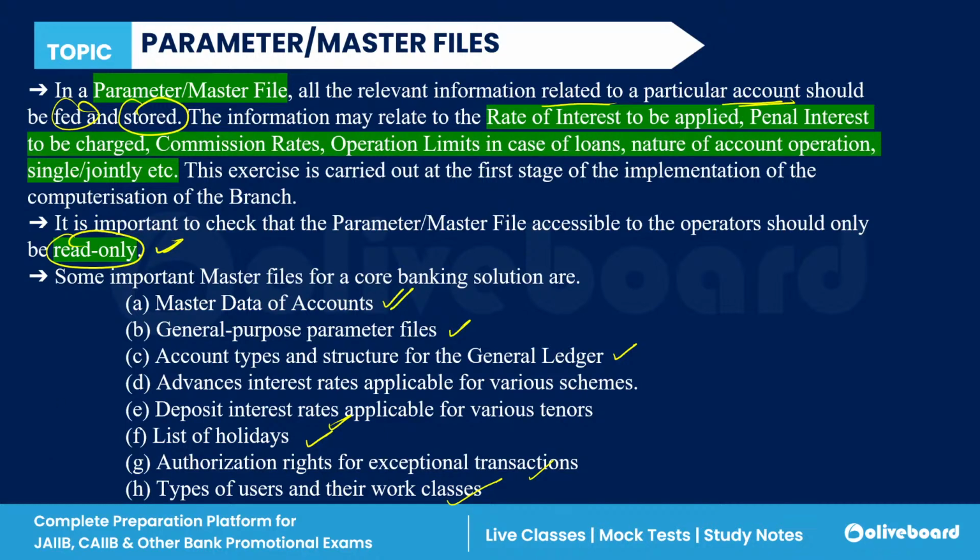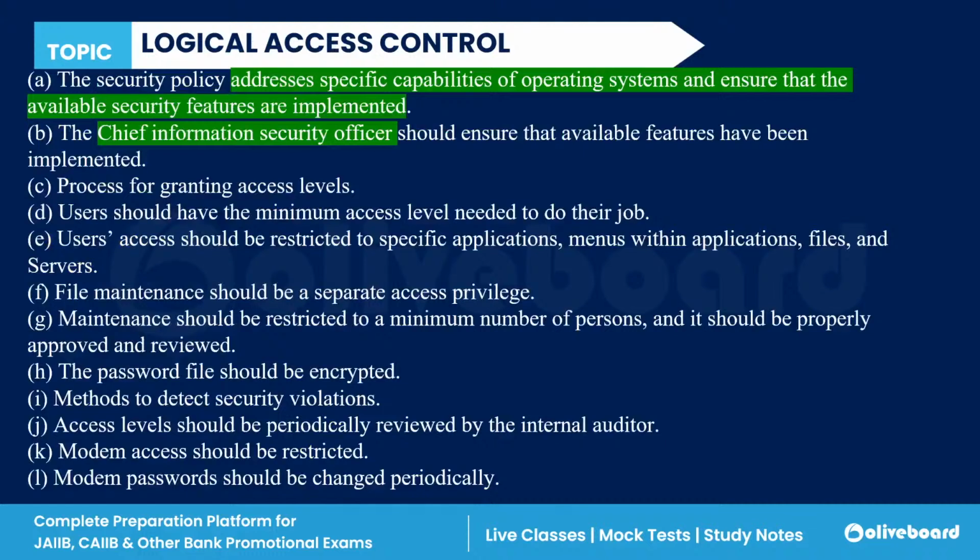Clear? Done? Now, obviously, there are some logical access controls for this. There are some instructions that you have to manage these parameters or files in a very logical way. For example, the security policy should first of all address the specific capabilities of operating and ensure that the features are implemented. There should be a chief information security officer who implements all the security features. You have to grant the access level.